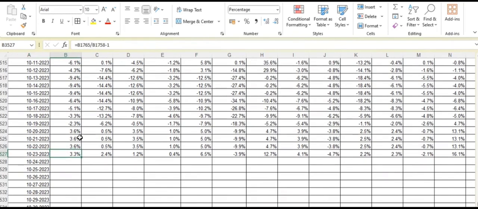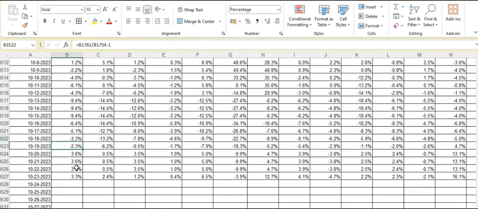Why 23rd of October? Remember, these are the base dates, and hence I will be comparing 23rd of October with 30th of October and then calculating the weekly returns. So this is essentially a simple way of calculating weekly returns.